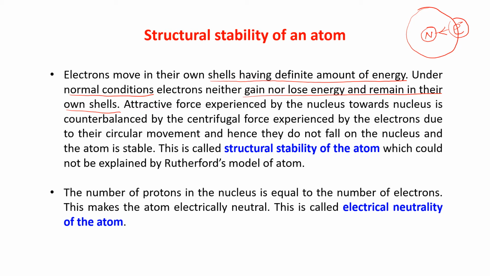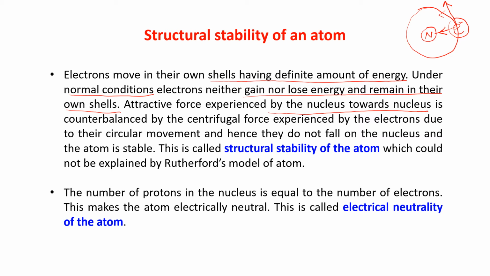Because it is true that there is an attractive force experienced by the nucleus towards the electron. That is counterbalanced by, as the electron is moving in the orbit, a force which is acting outside, which is known as centrifugal force, which is normal to this force. So they counterbalance each other.